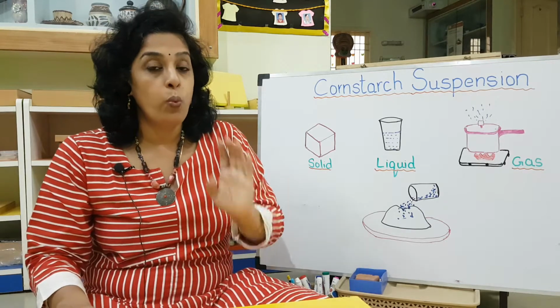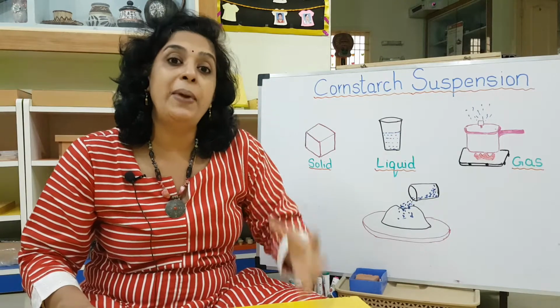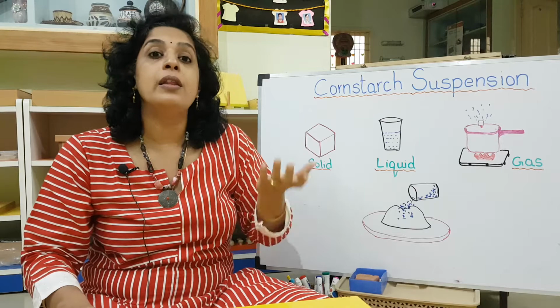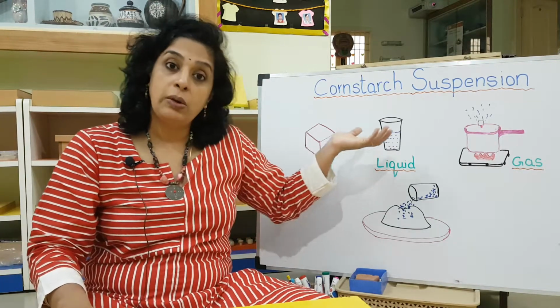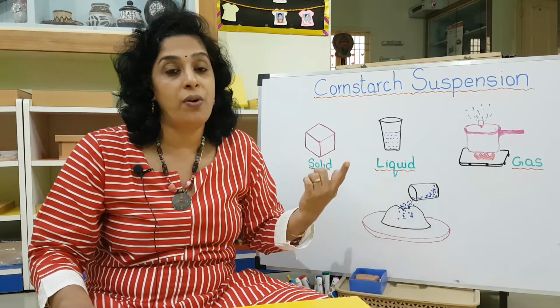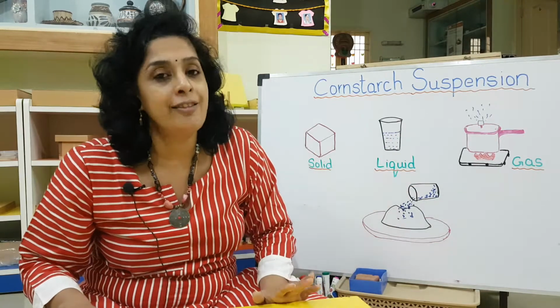Two things: one, all these things will take space. They need a place to sit or to be. And the second one is, they all have a weight. Solid has a weight, liquid also has a weight. Is it not? Milk packet, when you buy 1 liter you want, half liter you want, so it has weight. Gas also has weight.